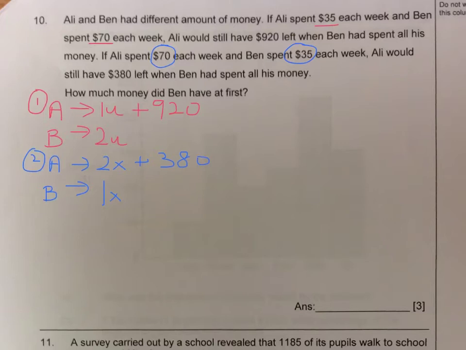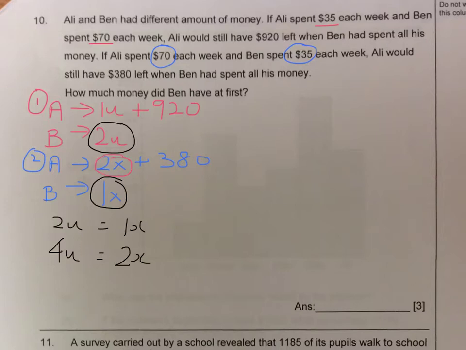We can see very clearly that both of them have the same amount of money, which means Ben's 2 units is also 1x. So 2 units is the same as 1x. So 4 units will be the same as 2x, which means this 2x can be replaced by 4 units.